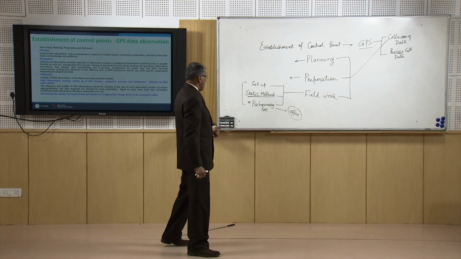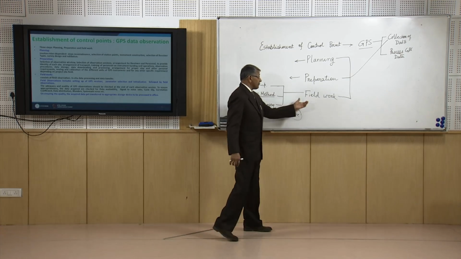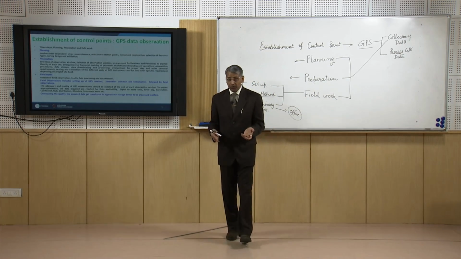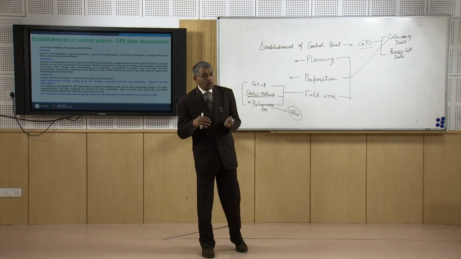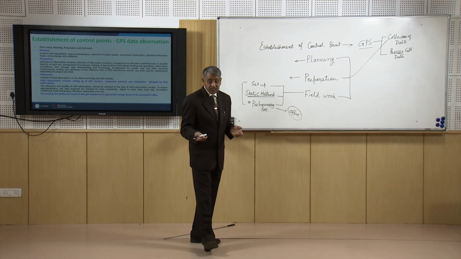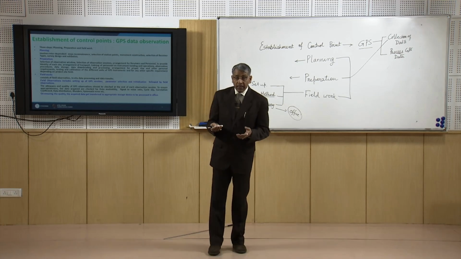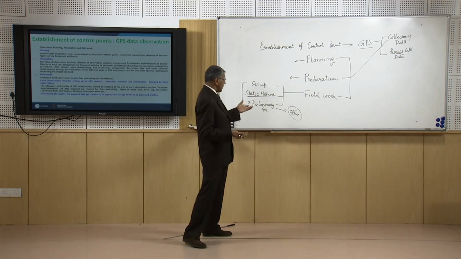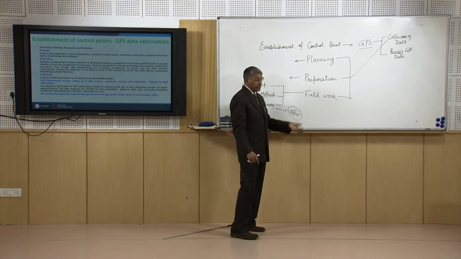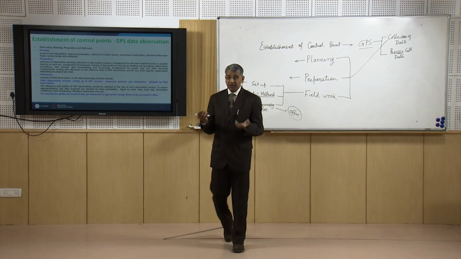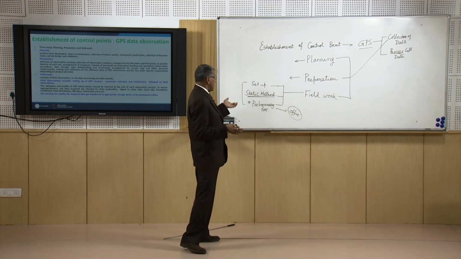Sometimes fieldwork observation for control point establishment may consist of a number of sessions or number of days. So if we plan to take the observation for a number of days or sessions, we have to adopt accordingly.